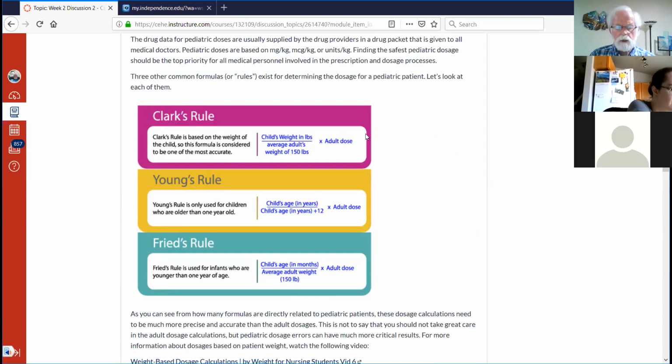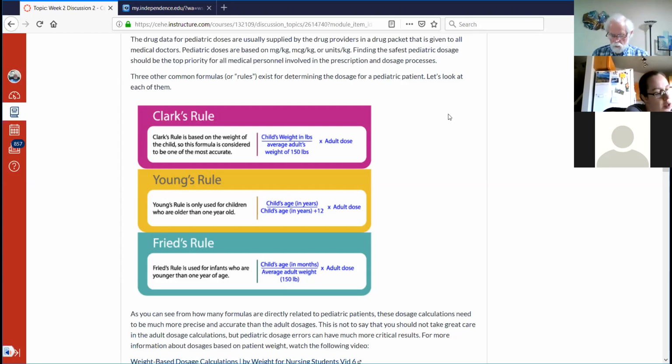Age rules or weight rules only take into account one factor. And especially when we're dealing with weight, we know that the size of any child is not based on just their weight, but it's based on weight and height.